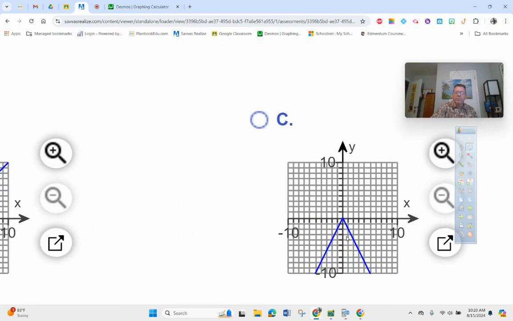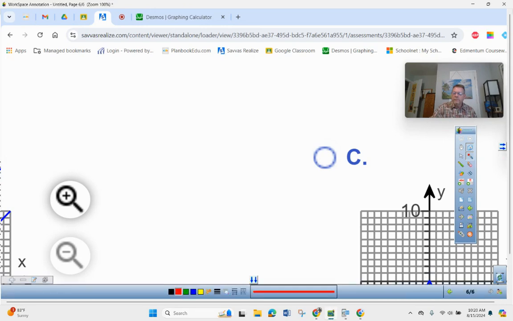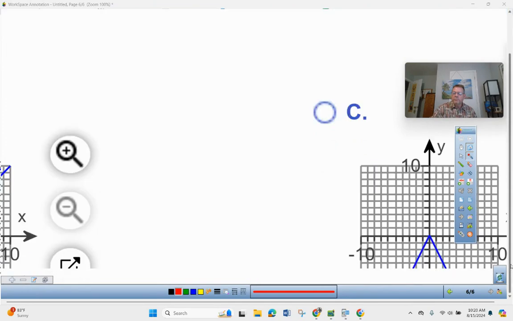And I can probably get this where you can see the pattern to it. You can see this, 1, 2. So rise 2, run 1, rise 2, run 1.